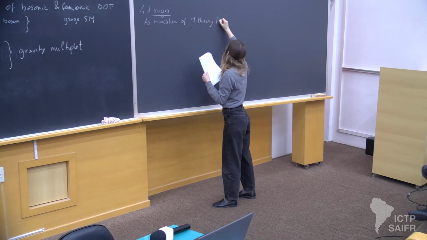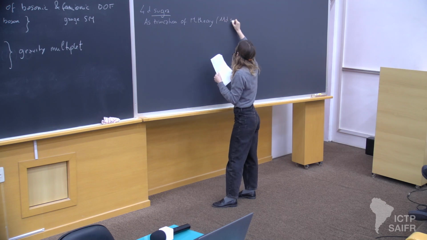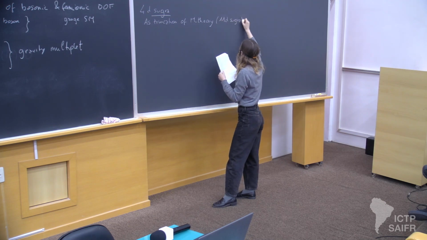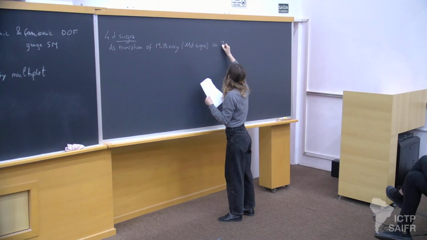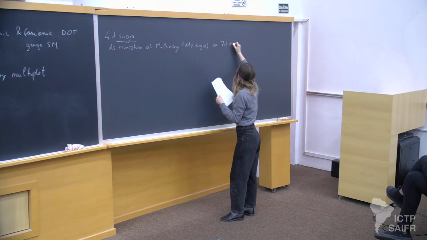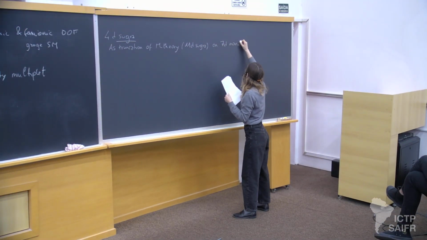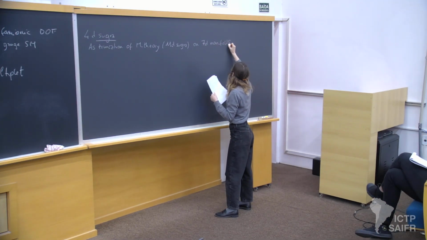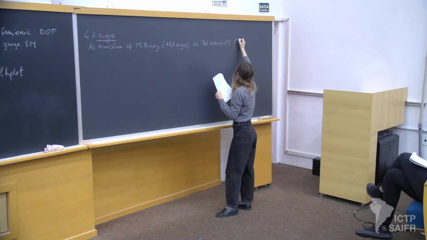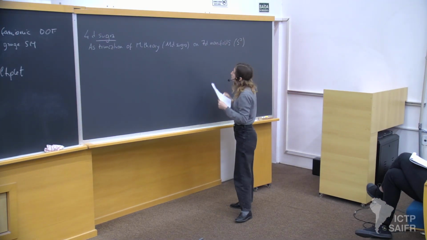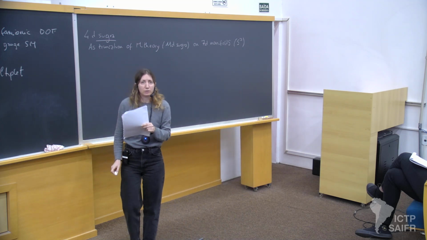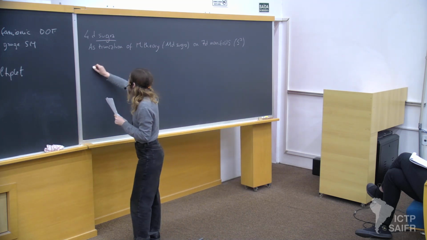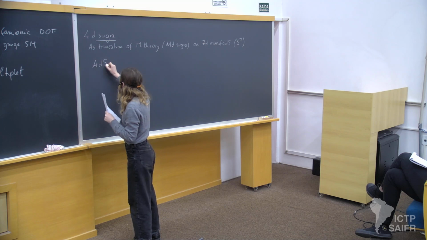So this is 11-dimensional supergravity on 7-dimensional manifolds, for instance the 7-sphere. These particular supergravity theories that we're going to work with will have an AdS4 vacuum.